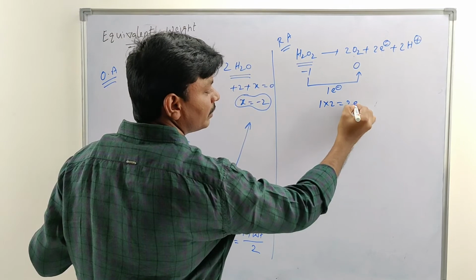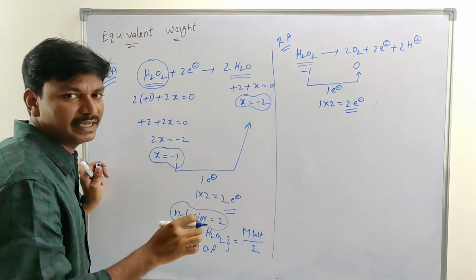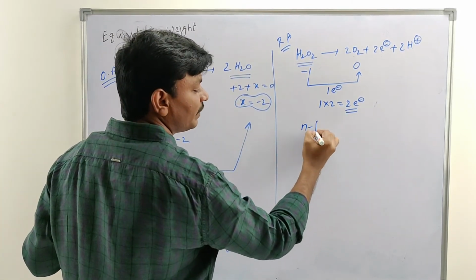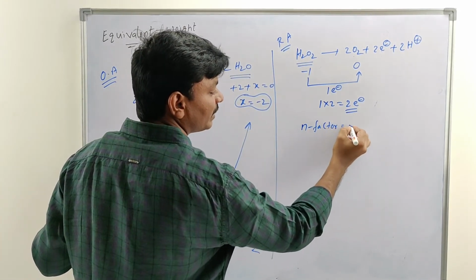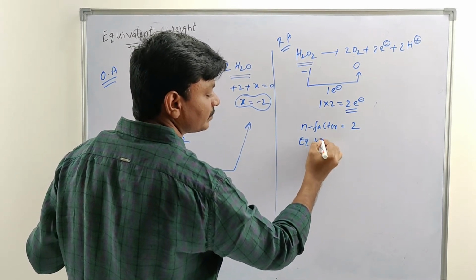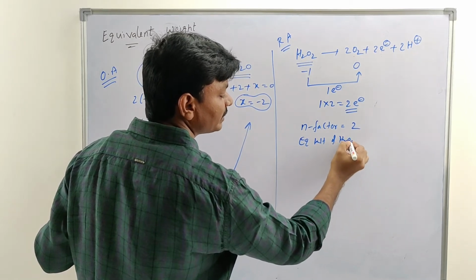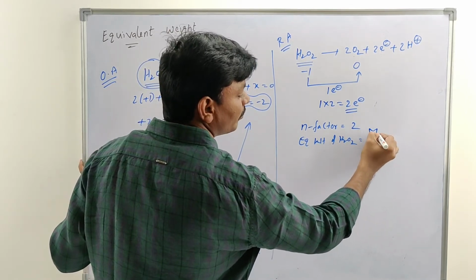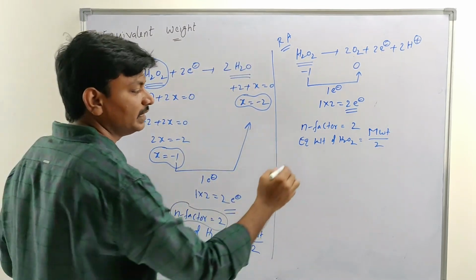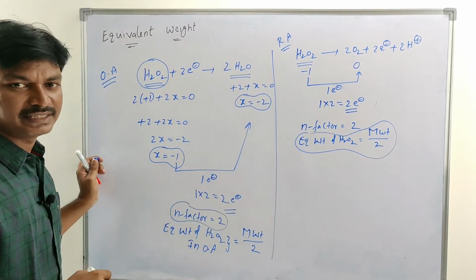That is 1 into 2, totally 2 electrons are involved in the reducing agent reaction of H2O2. Then its n factor value equals 2 and the equivalent weight of H2O2 in reducing agent reactions equals the molecular weight of H2O2 divided by 2. That is the equivalent weight of H2O2 in reducing agent reactions.